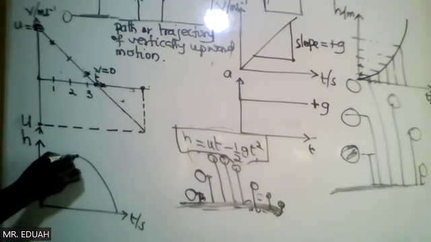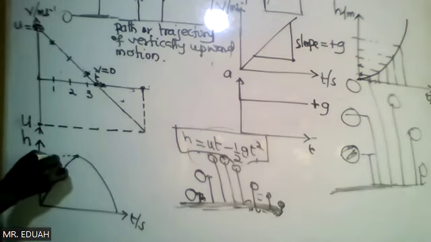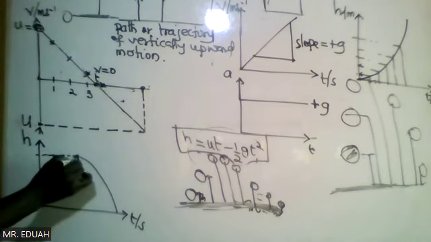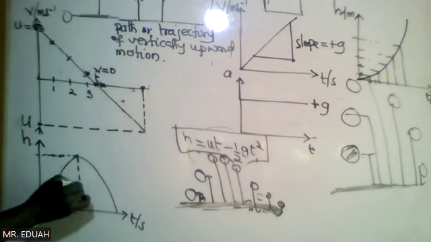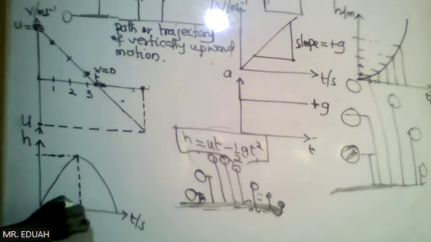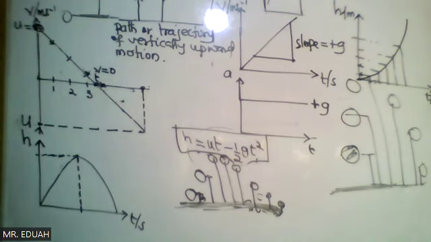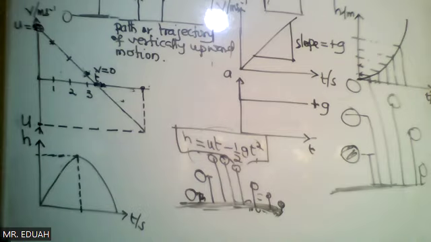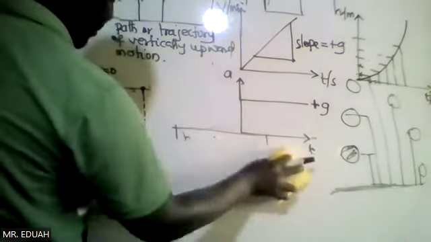So this point is the maximum height. This is the time taken to reach the maximum height. All right. The acceleration time graph is also a horizontal line. Of course, when it is going up, it's decelerating, so it will be along the negative.